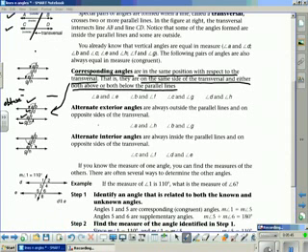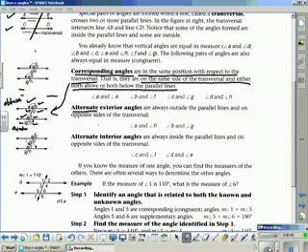Angle C and angle G are also corresponding angles. They are both acute. Let's look at the other side of the transversal. Angle B and angle F are both corresponding angles. They are acute. Angle D and angle H are both corresponding angles. They are both obtuse. So therefore, they're equal.